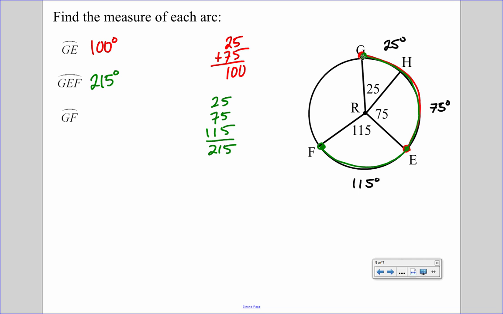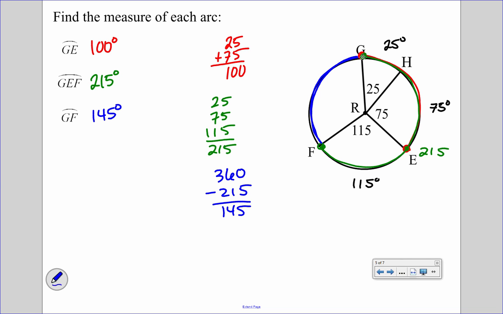All right, our very last one is arc GF, which is the rest of this right here. So what we can do is, if we know that this entire green piece is 215, we can take the amount of the whole circle, 360, subtract the green piece, which is 215, and we can get the remaining blue arc, which is going to be 145.